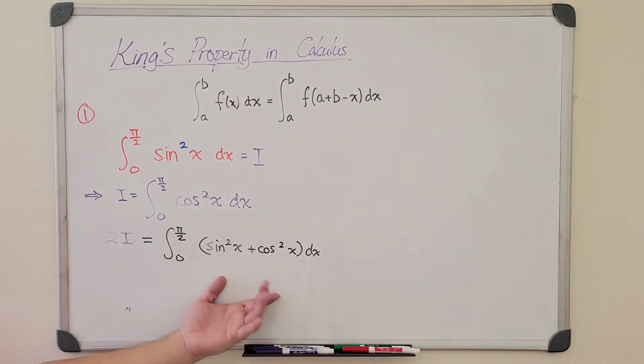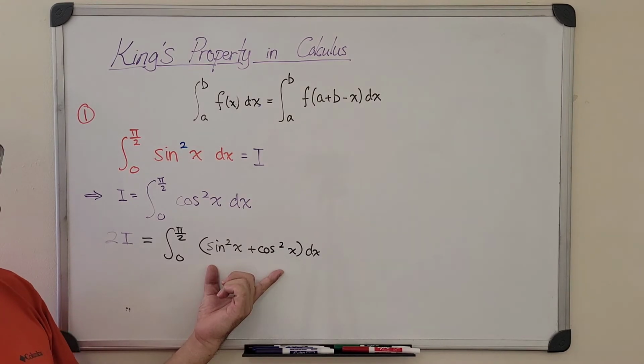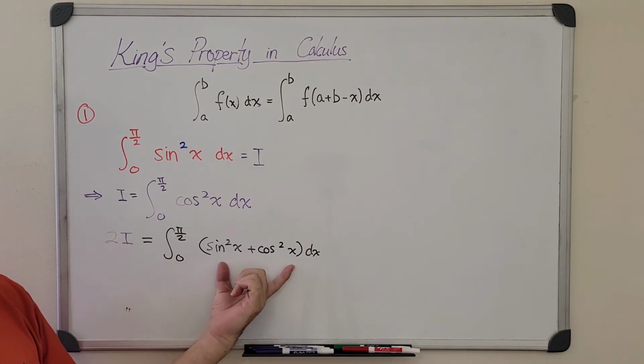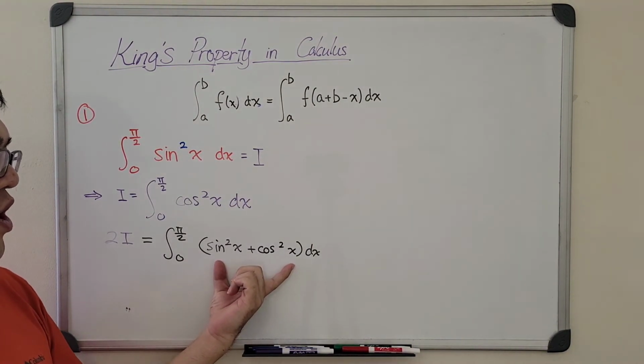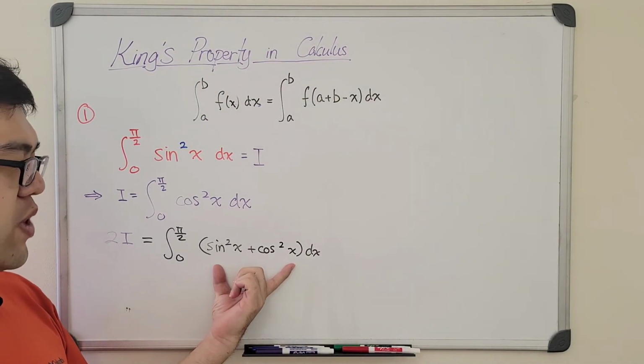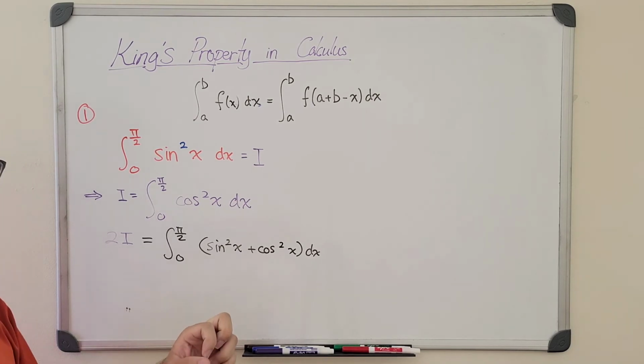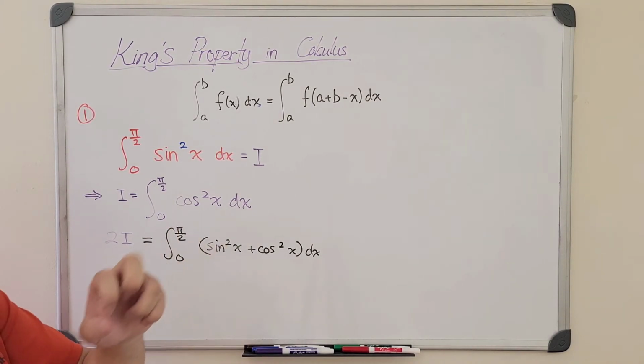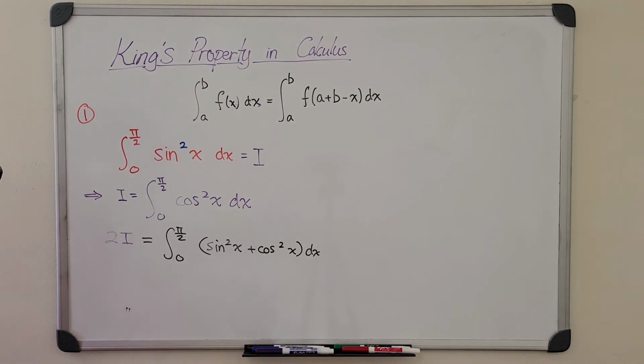And what do we get? Remember, in trigonometry class, one of the first few properties that we have learned is the Pythagorean identity, which says sine squared plus cosine squared equals 1.